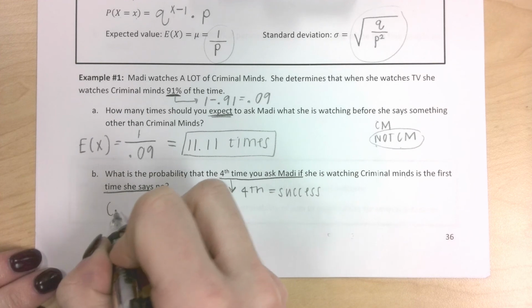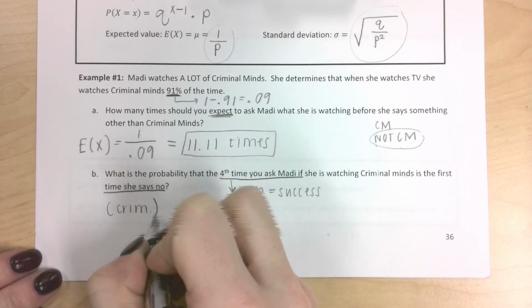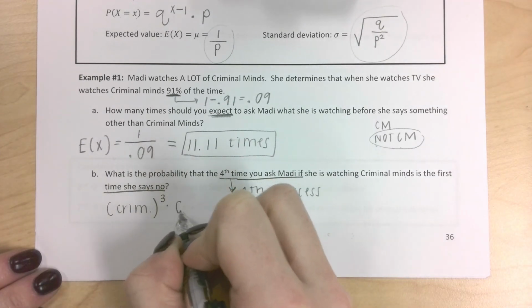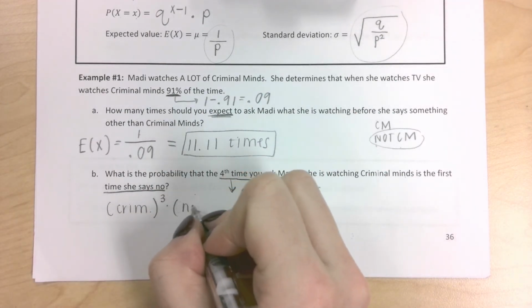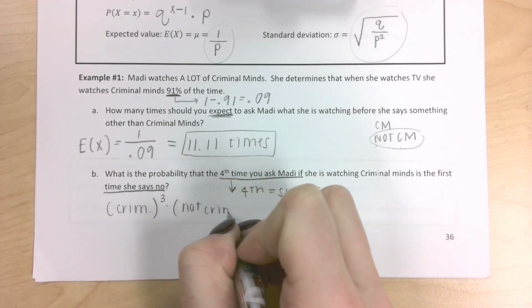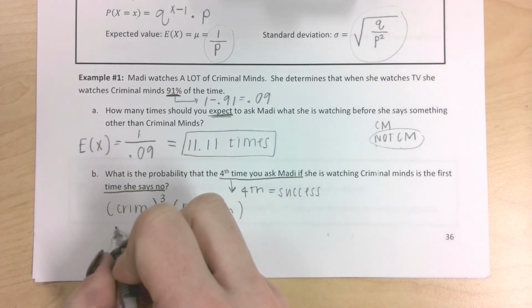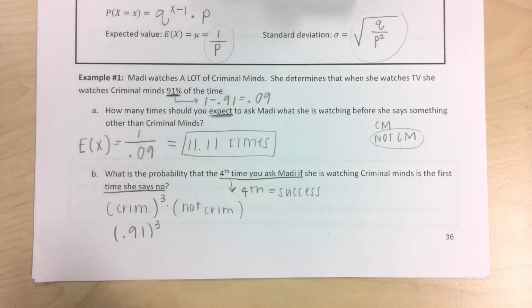So I need to do the probability of Criminal Minds for 3 times, and then multiply that by the probability of not Criminal Minds for 1 time. So the chance she's watching Criminal Minds was the 0.91, raised to the 3rd power, representing those first 3 times.